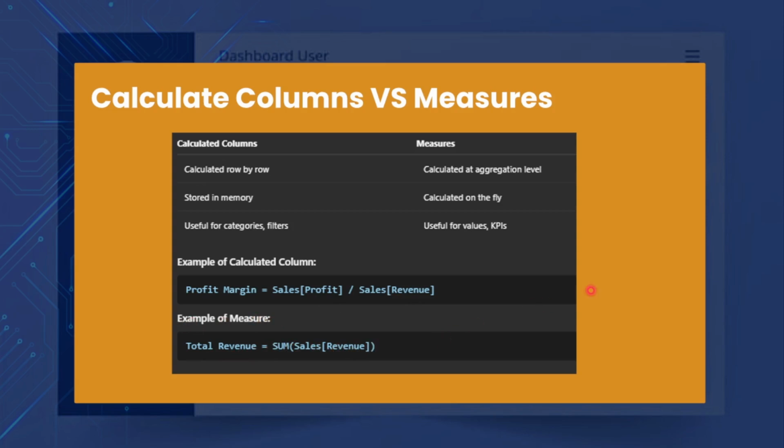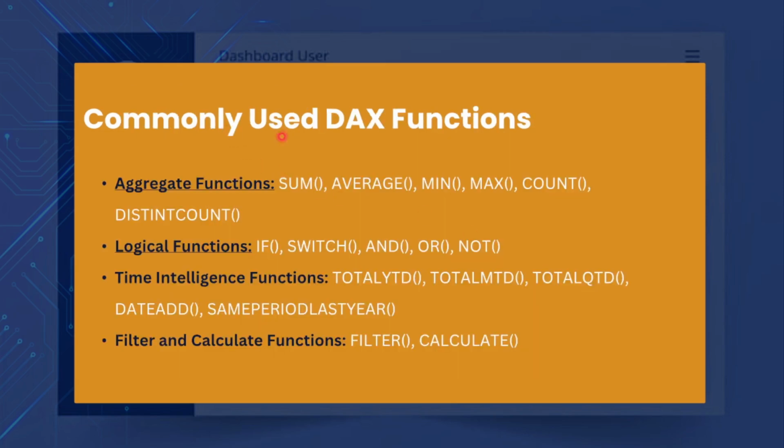Commonly used DAX functions. We have about four categories that we look at. We have aggregate functions, logical functions, time intelligence functions, and filter and calculate functions. Let's talk about the aggregate functions a bit. SUM, just to sum up a range, just like you have it in Excel. AVERAGE, the same, you find the average of a range.